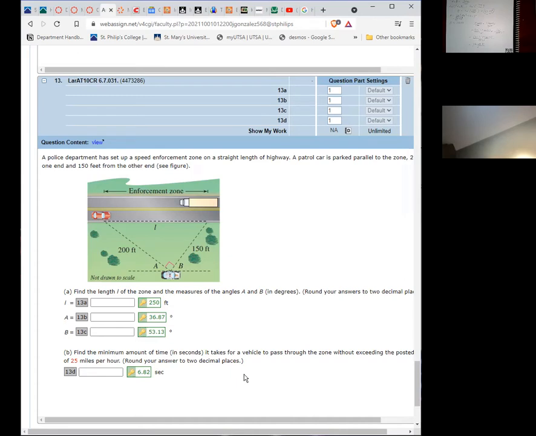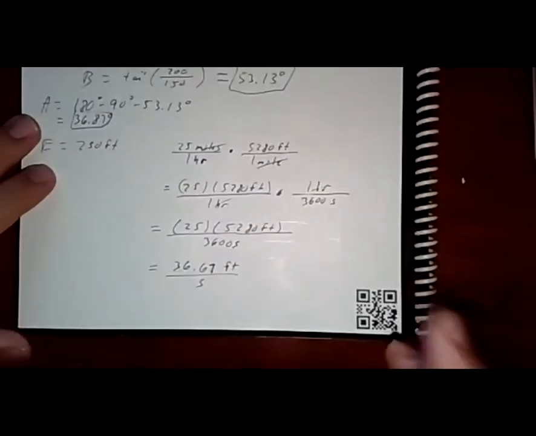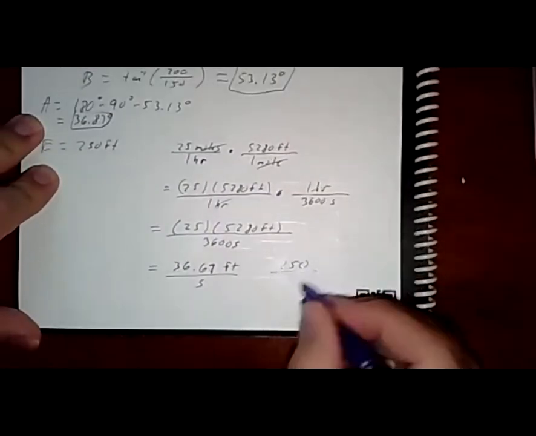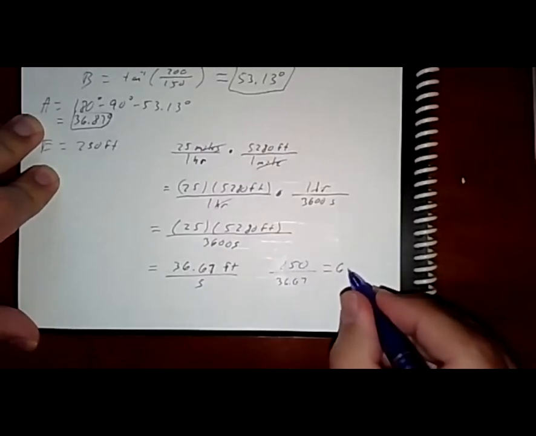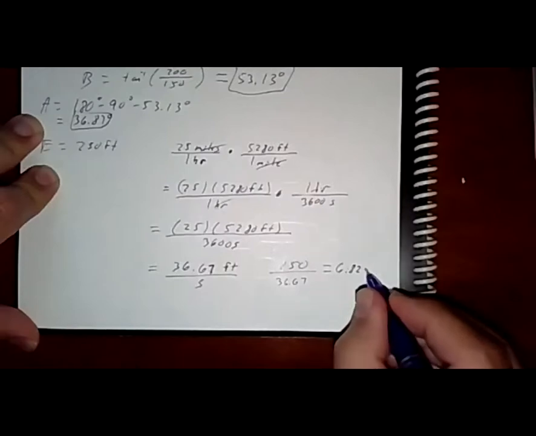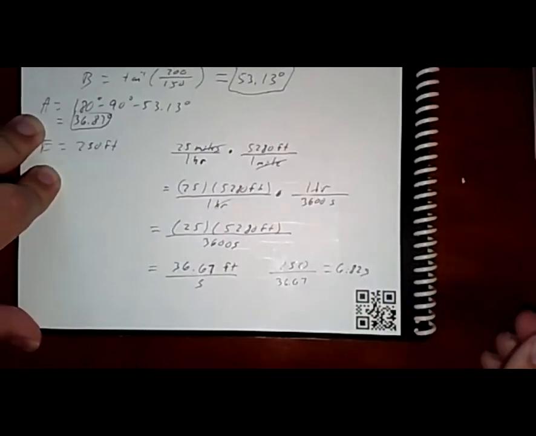So if you convert the speed to 36.67 feet per second, how long would it take you to cover 250? You just divide into 250. So the final answer would be 250 divided by 36.67, which is 6.82 seconds. That's all you have to do.